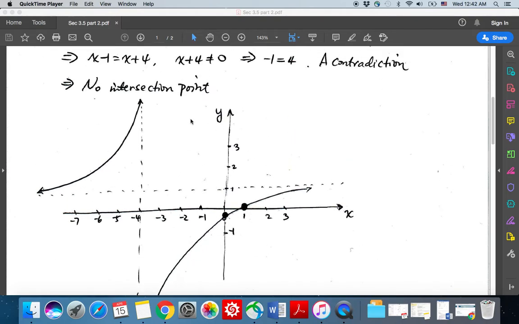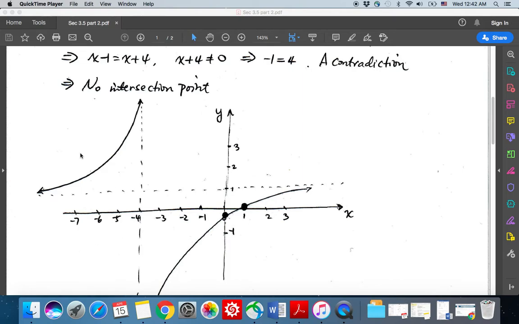And there are not going to be any curves in this portion or this portion, because it's not going to intersect the y-axis here, and it's not going to intersect the x-axis in this region. So there are no curves in these 2 regions.